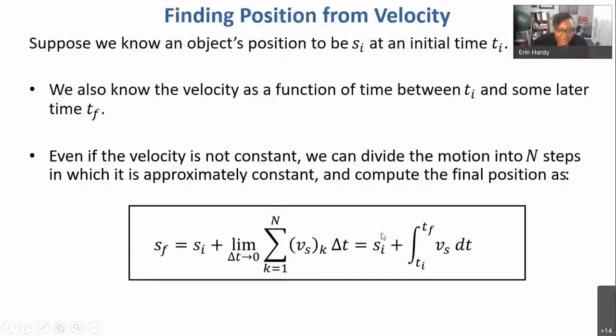So in other words, the integral of Vs dt from t initial to t final added to the initial position on the s-axis will give us the final position on the s-axis. It's like saying, in other words, the final position of the item depends on the initial position, and then how the object changes position over some time interval delta t.